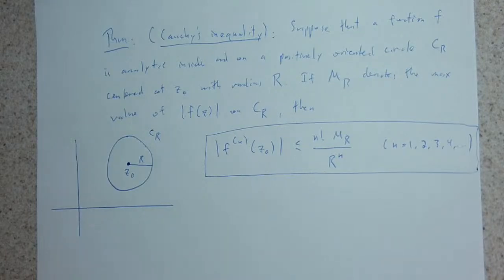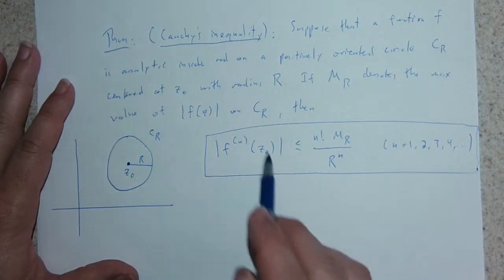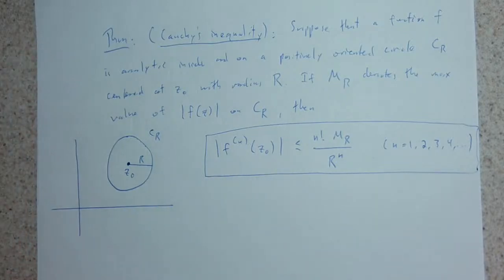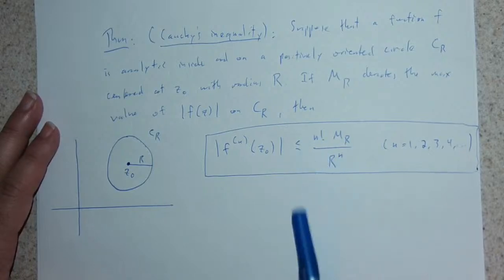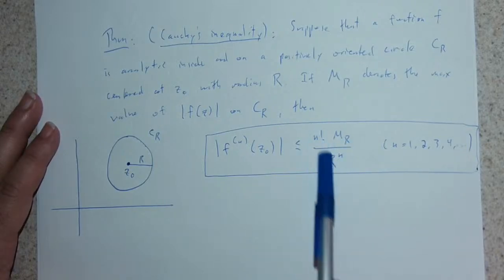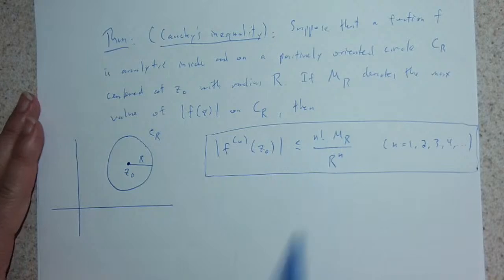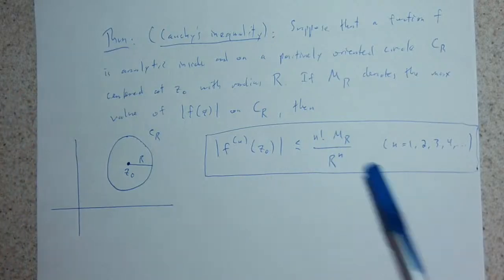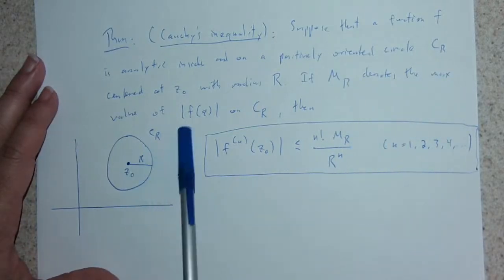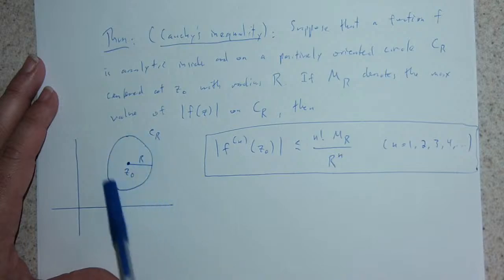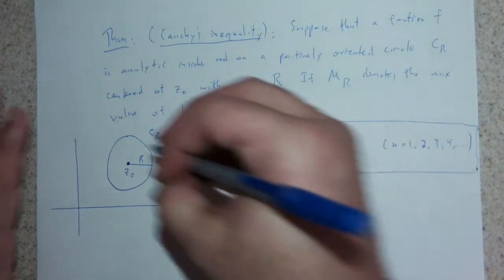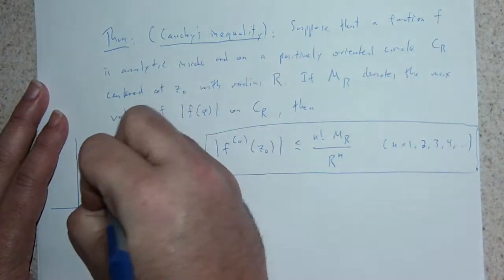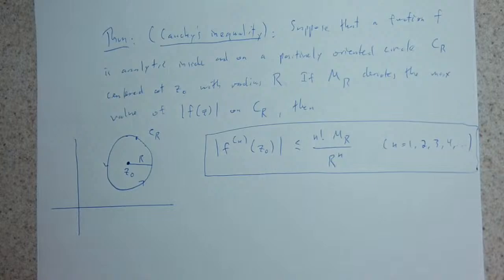So the idea is there is a bound on the nth derivatives that depends on n, but that's multiplied by this constant that doesn't actually depend on n. This is coming directly from the max value of the modulus of my function on this circle. And yes, it's positively oriented.